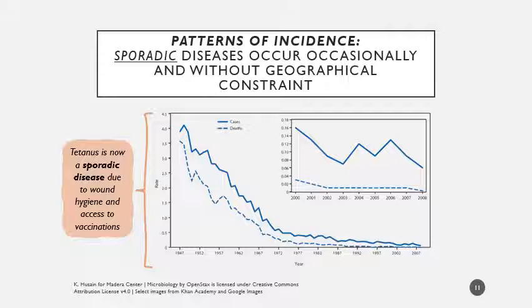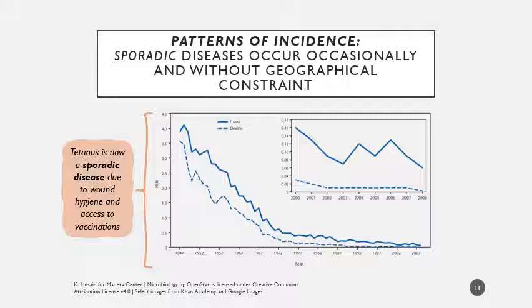It used to be much more common, but now because we understand proper wound hygiene, especially with puncture wounds, we have pre and post-exposure prophylaxis. We're able to get vaccinations for it and deal with it after the fact as well. We know that stepping on rusty nails is a risk factor. There's a lot of people who are able to avoid having tetanus as an actual medical condition. So it's random where it happens.